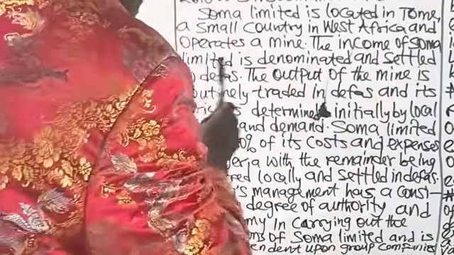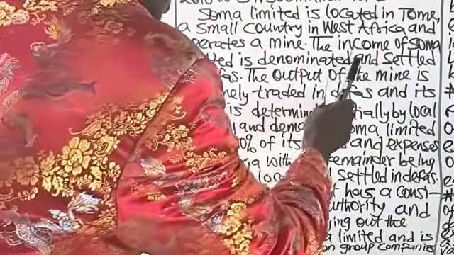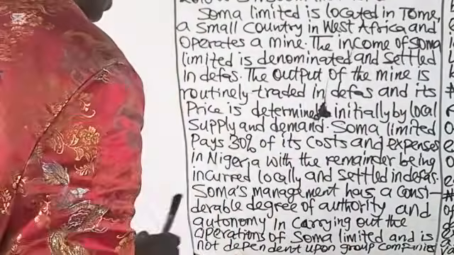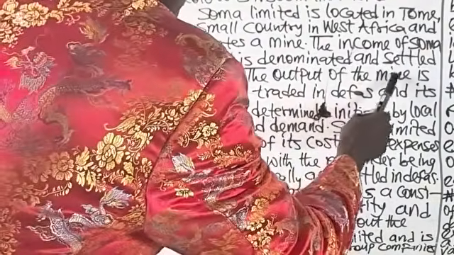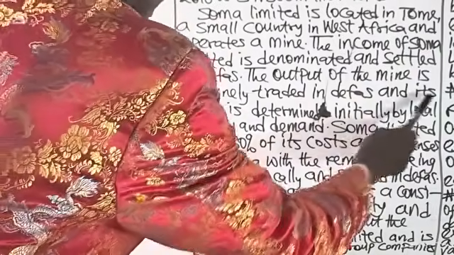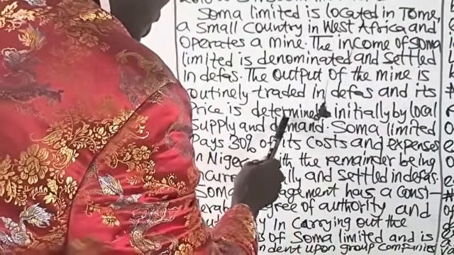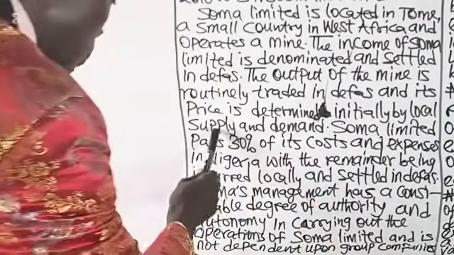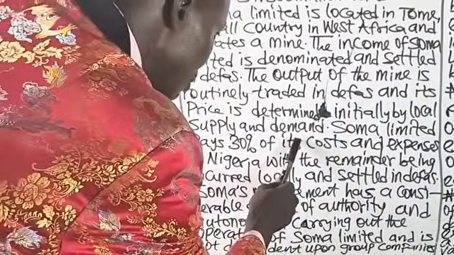The income of Soma Limited is denominated and settled in DEFAs. The output of the mine is routinely traded in DEFAs, and its price is determined initially by local supply and demand.